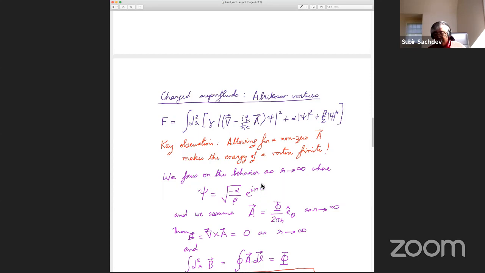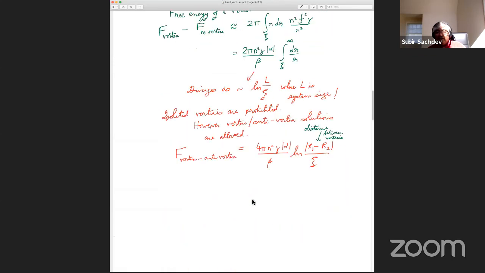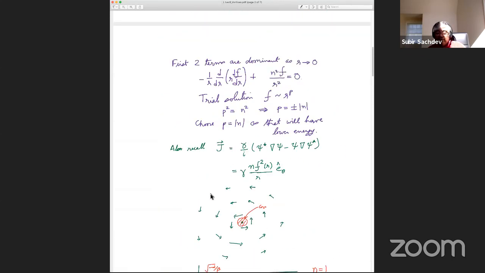Grad psi squared will act on this theta and give you this 1 over r squared energy, which diverges. So we want to cancel that out. And so we're going to basically cancel grad psi with A times psi. And amazingly, it turns out you can do that. Like I said, if you have these currents flowing, what you expect is some magnetic field near the core of the vortex coming out of the plane of the screen or into the screen, depending on the right-hand rule.